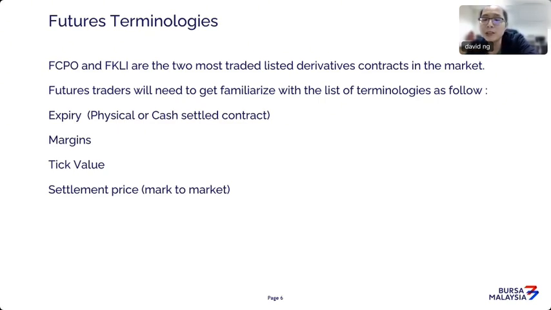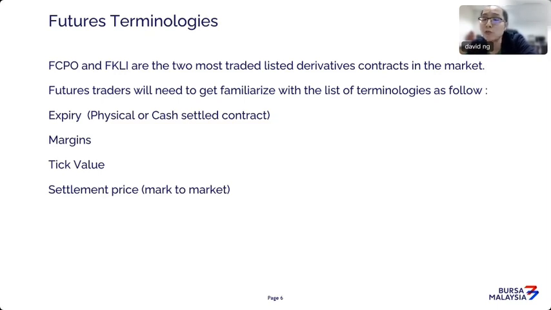The key differential between futures and other types of instruments is that futures have an expiry. If you're holding a palm oil contract, the expiry is on the 15th of the contract month. If you are still holding that contract, normally in the beginning of the month or even before the start of the contract month, the broker will probably give you a call and say, look, Mr. So-and-so, you are holding a certain contract which is coming to the spot month.